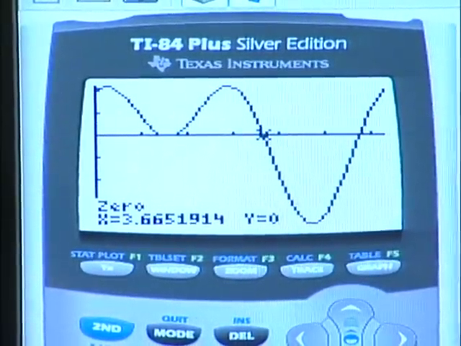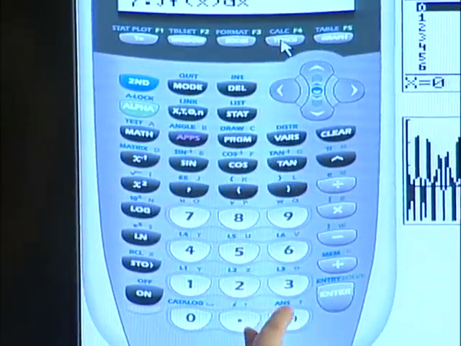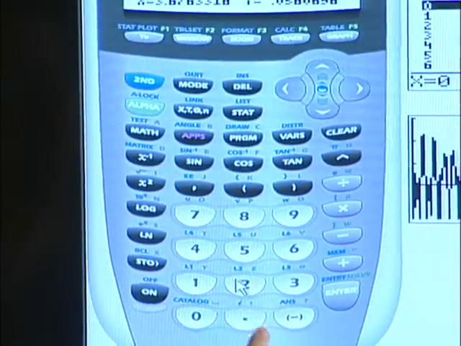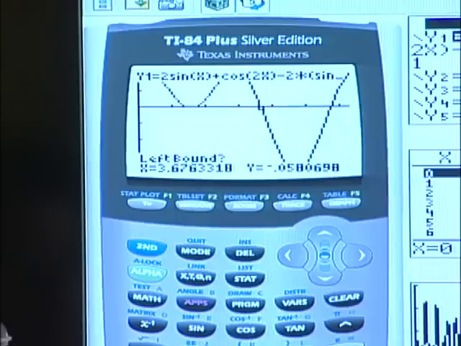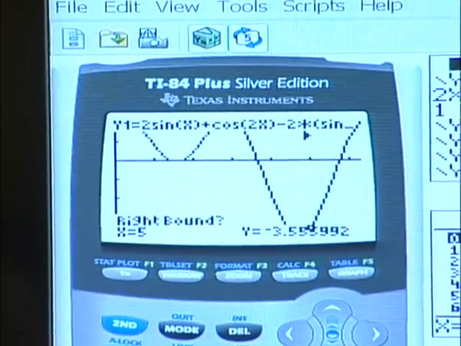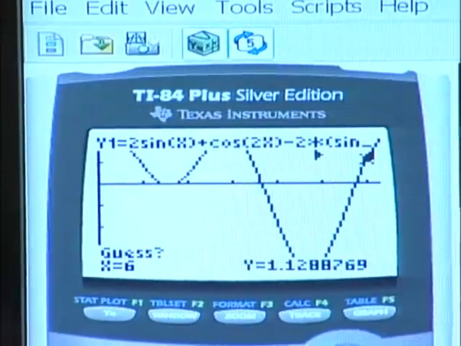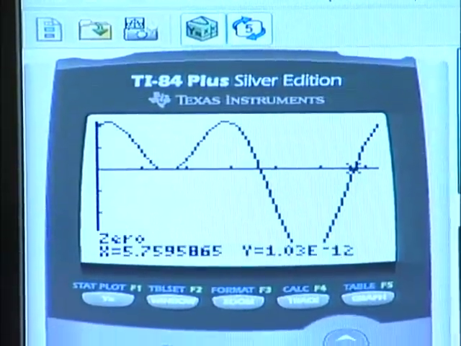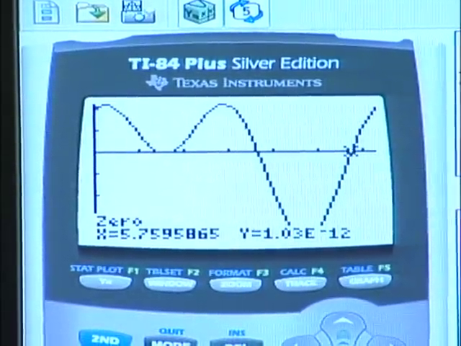And the third one, it is between 5 and 6, so the left bound is 5, the right bound is 6, and our third 0 is 5.76.